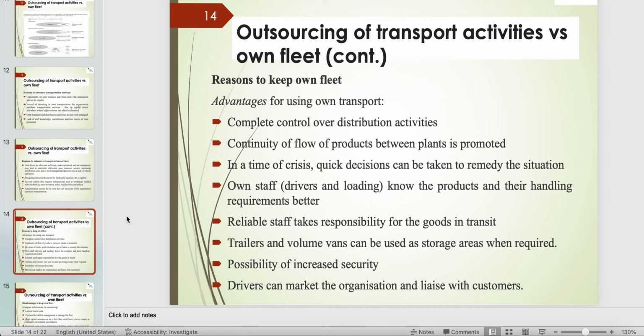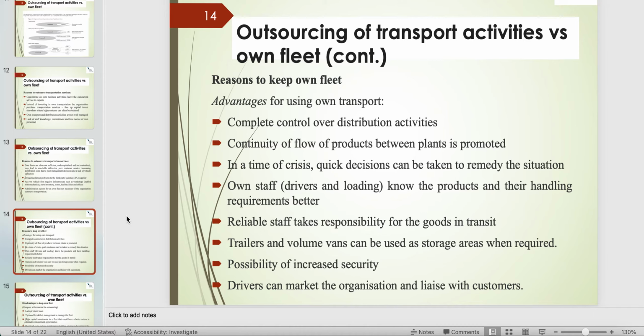Now, what are the advantages if you have your own fleet or range of vehicles? Obviously, there is complete control. You can keep track of the flow of products if there is more than one plant. And then, if there is any crisis, you can quickly make a decision and change it around, because the vehicles are just outside your company premises.